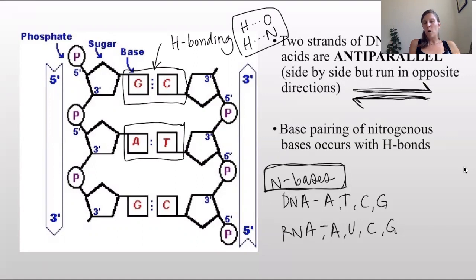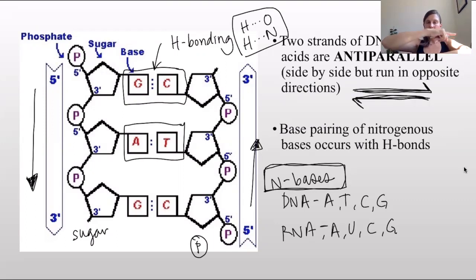So for example, if we look at that backbone, sugar, phosphate, in this direction, we see that there is a sugar at the end. Here, on this side of the DNA, we notice that there is a phosphate at the end. So they come together in opposite directions, but they're bound together through hydrogen bonding of these nitrogenous bases. And we're going to go over a lot more of the structure of DNA when we get to that.